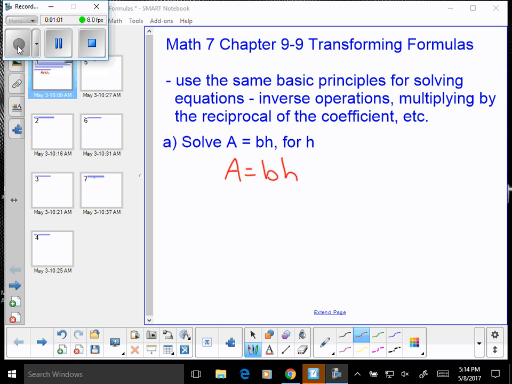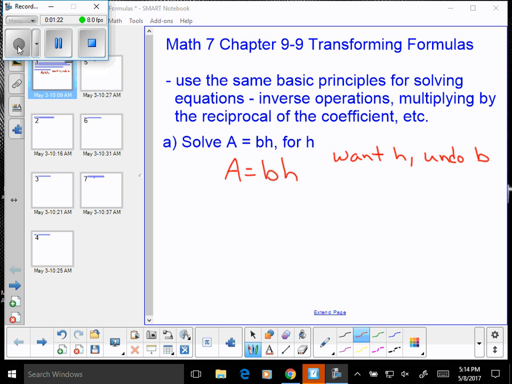Now, if we look at the right side, we want the h. We need to undo the b. We want h, so we undo the b.